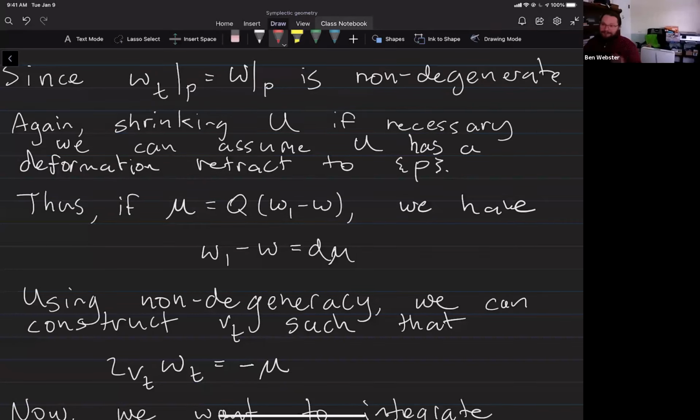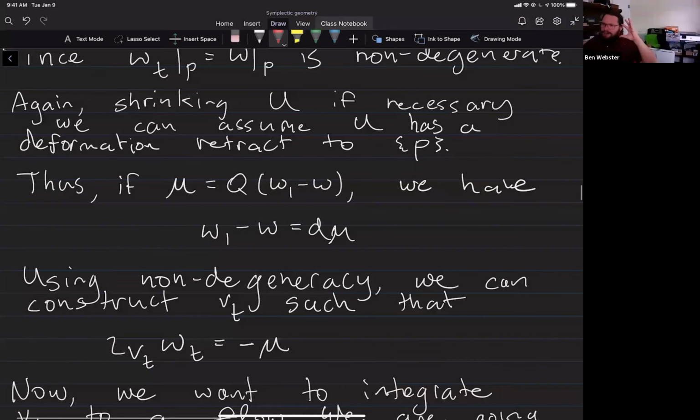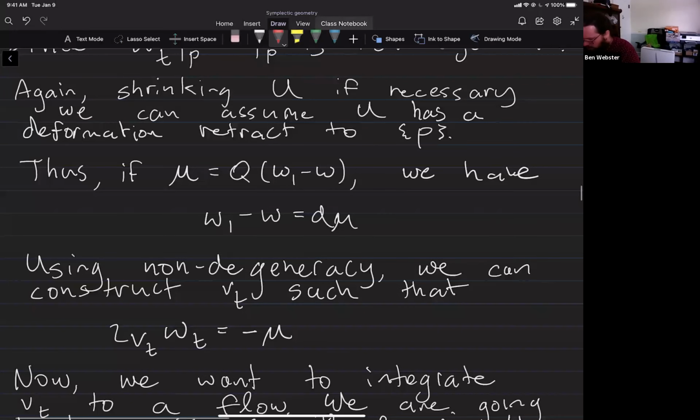If it's a ball of small radius, it'll deformation retract back to my point. Basically, you can think of it as a ball up in the tangent space, and then it's obvious that it deformation retracts. All right, cool.